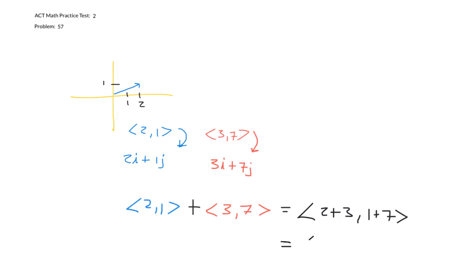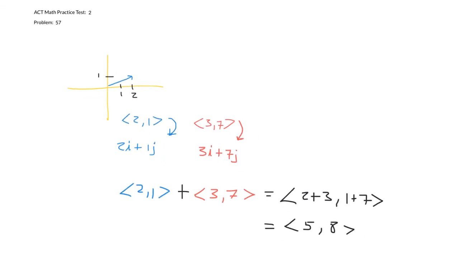And then that ends up becoming 5 comma 8. Okay? So that's going to result in a vector that goes 5 over and 8 up. Now again, you could think about the visual if you want to, or you could just understand the protocol and understand that that could be rewritten in the following form. That could be rewritten as 5i plus 8j. So that's good to know.